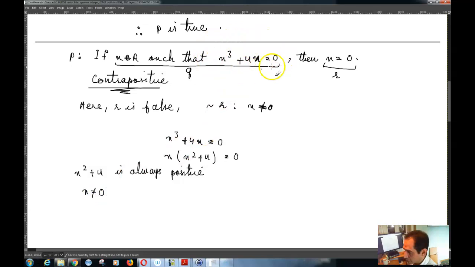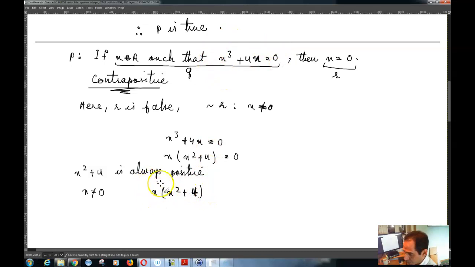And this statement over here is actually the product of these two. If I consider the product of x and x squared plus 4, x times x squared plus 4, which is the same thing as x cubed plus 4x, which is this thing over here.